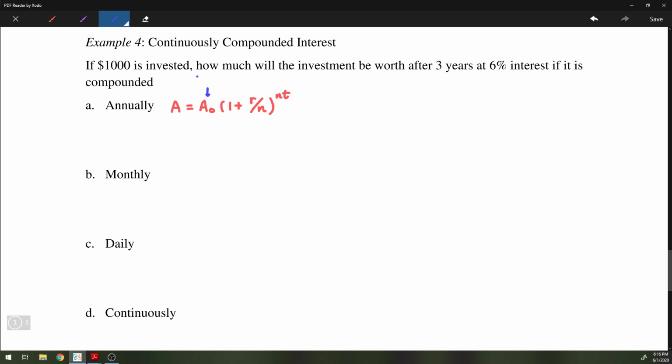A naught is the initial amount, r is the interest rate, n is the number of periods per year.